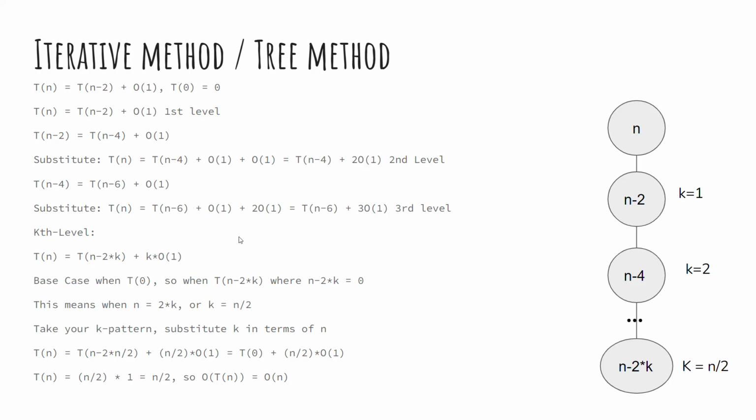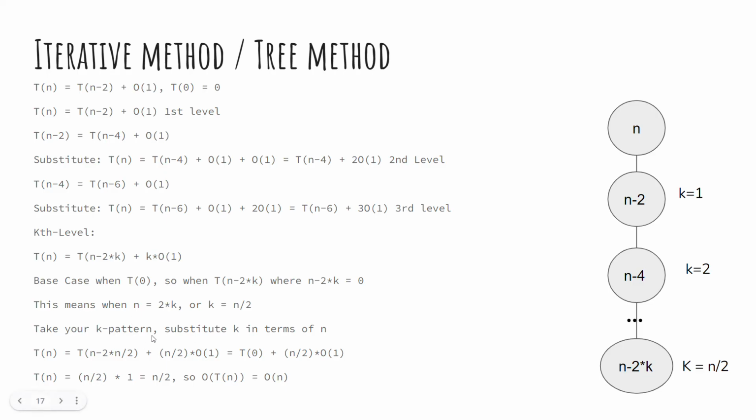And then on the kth level, in the general case, you'll get T of n is equal to T of n minus 2 times k plus k times big O of 1. The base case is when T of 0 is equal to 0. So when n minus 2k equals 0, or in other words, n is equal to 2k, or k equals n over 2, that's where we stop recursing.